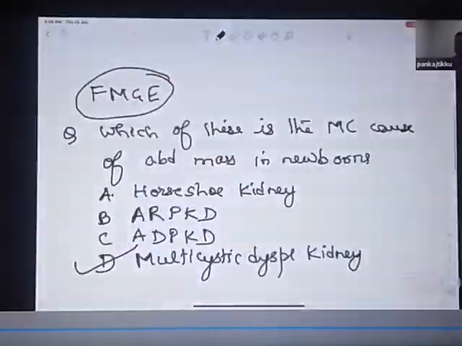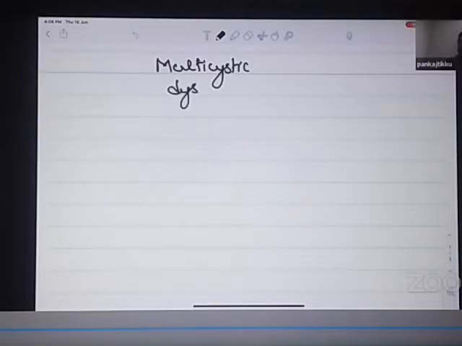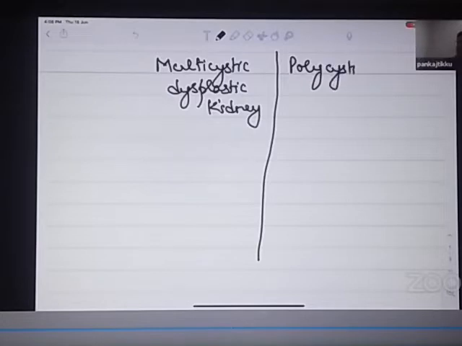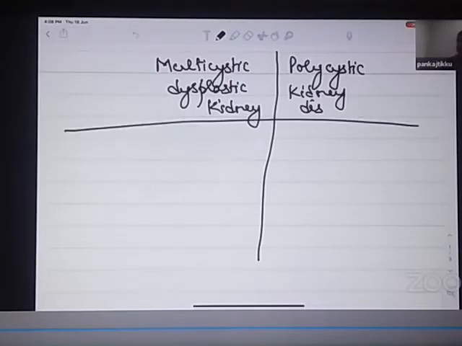So if you are asked the difference between a multicystic dysplastic kidney and a polycystic kidney disease: multicystic dysplastic kidney usually is sporadic in occurrence.